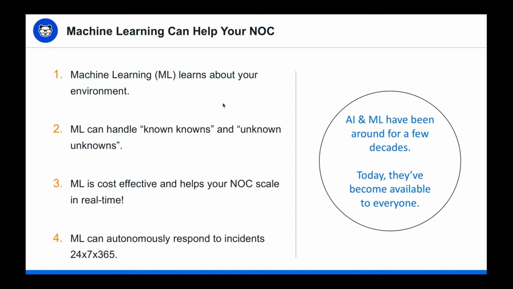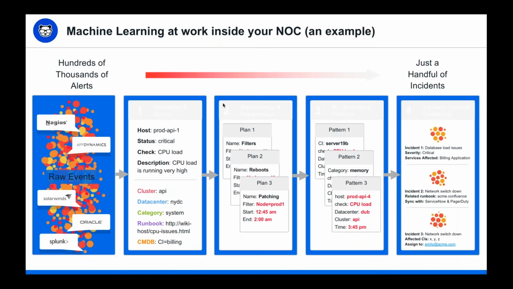So now let's stop talking in abstracts and talk about a very tangible, concrete scenario that NOCs face every single day. Like we discussed a few minutes ago, NOCs have typically anywhere from 20, 30, 40 tools. I think for us, the average number of tools that we find is between 40 and 50.